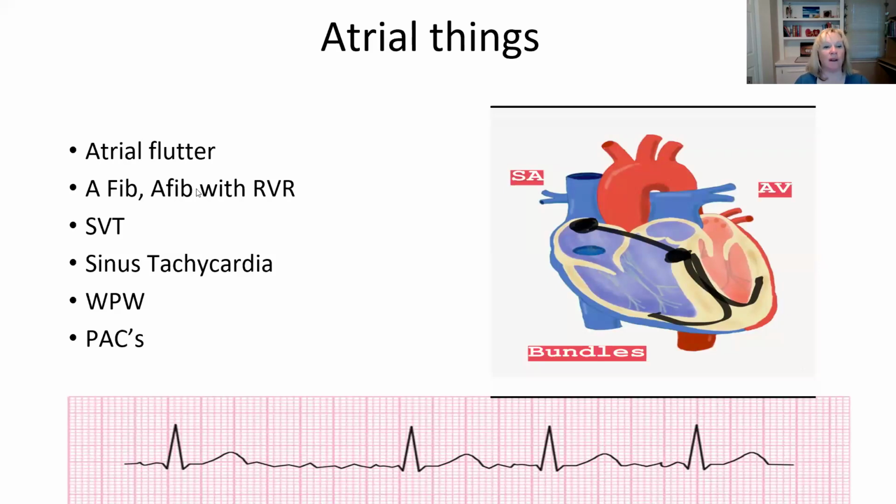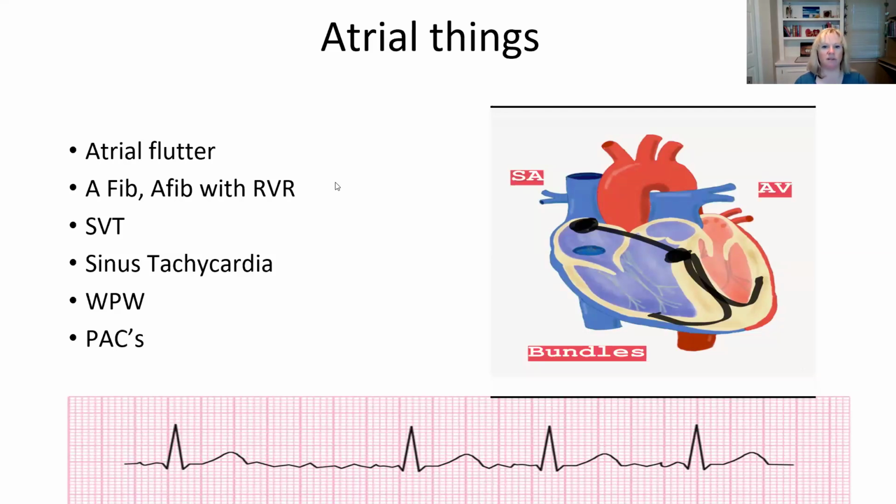You can have AFib or AFib with rapid ventricular response. So does anybody know, this is just a quick question, how do we define AFib with RVR? The heart rate is over what number?